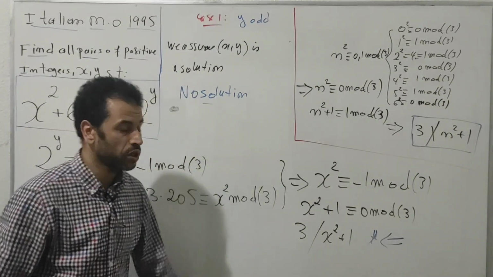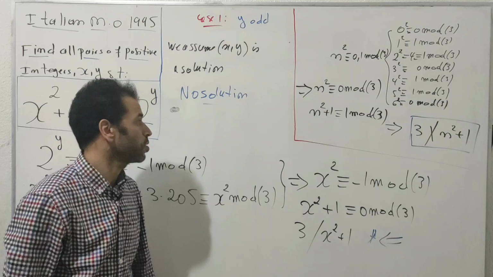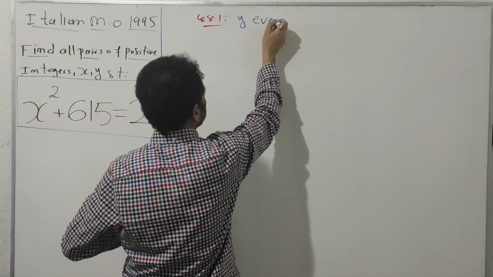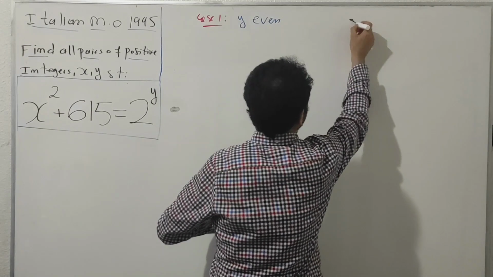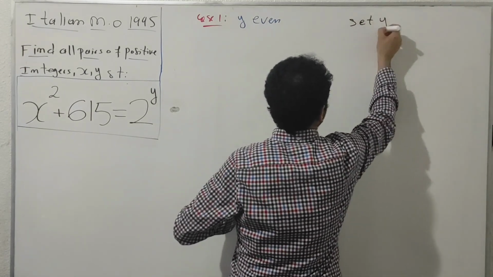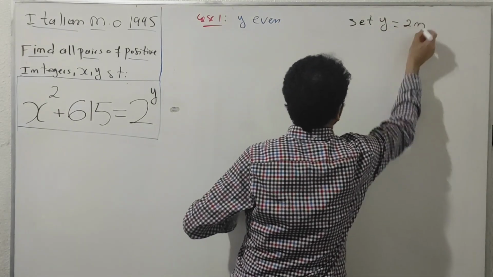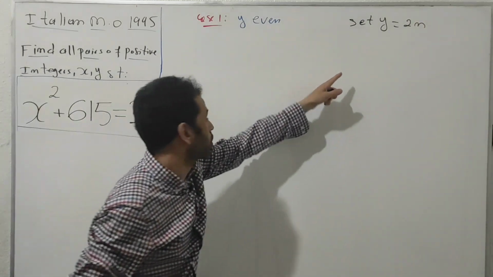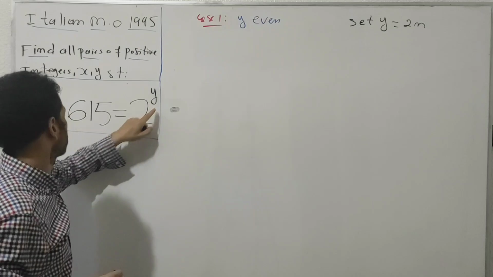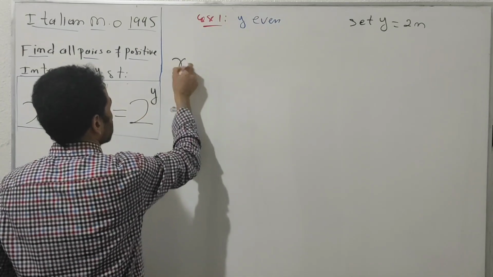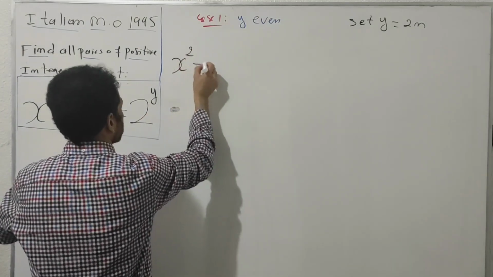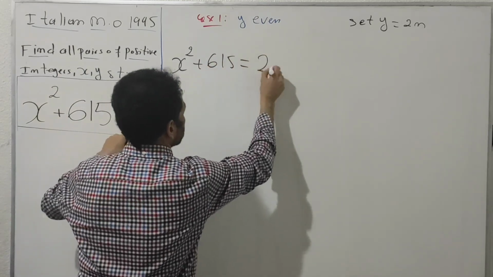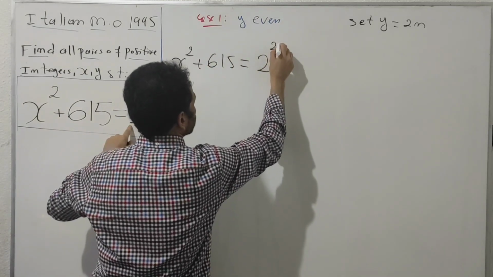Now let's move on to the next case when y is an even number. In this case, let's set y equals 2n. Because y is even, I'm going to replace this fact into the equation to see what it gives us. I will have x squared plus 615 equals 2 to the 2n.